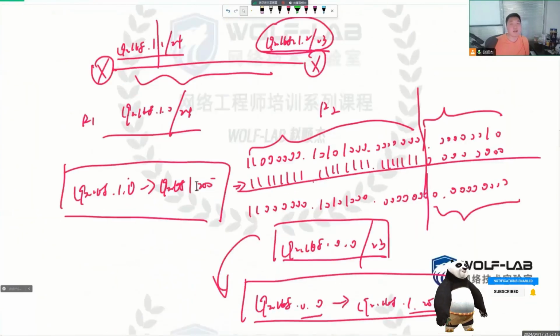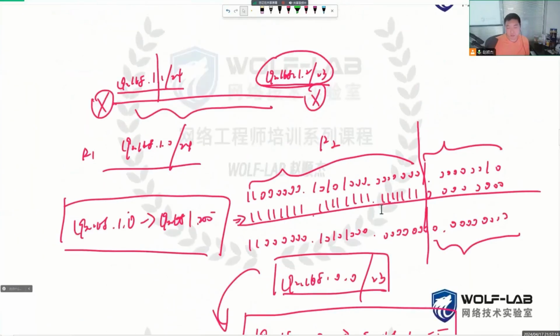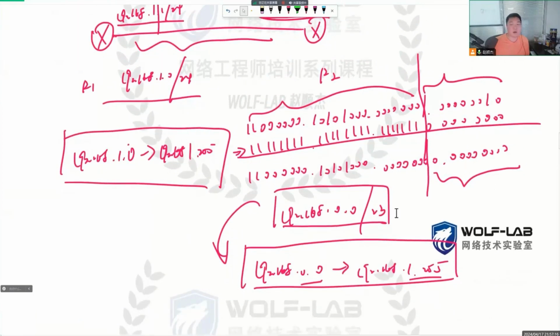Any questions, classmates? It's okay. If you have questions about this place, you can ask directly on the spot. You can directly say where you are still confused. In fact, it's nothing more than establishing neighbors between them and then passing on the routing entries. Its difficulty is not particularly great.